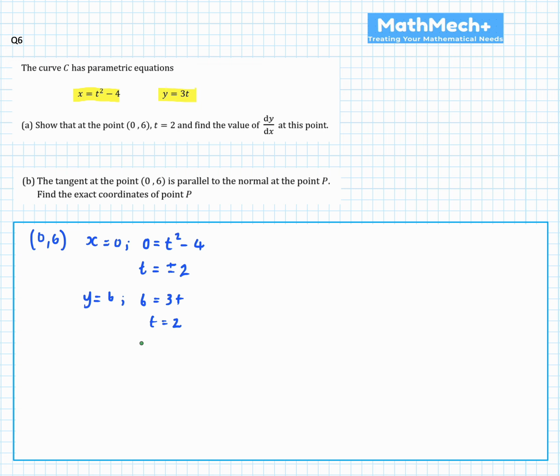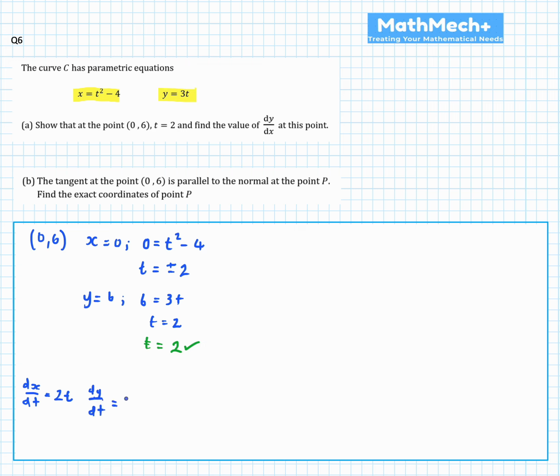Often the first thing you do, or second in this case, is find the dx over dt and dy over dt, which is in a sense trying to use the chain rule to differentiate the equations. And then from there you can find dy over dx in terms of t, and at the end you could sub in t into your dy over dx to find the gradient.